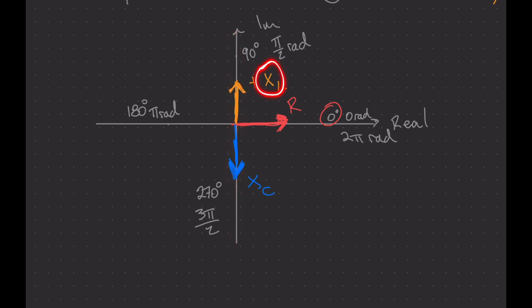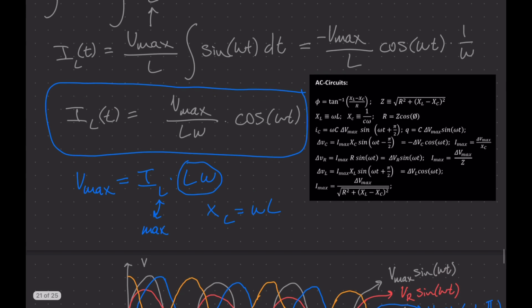You can combine them by doing minus XC here and adding it to this. So you get XL minus XC.